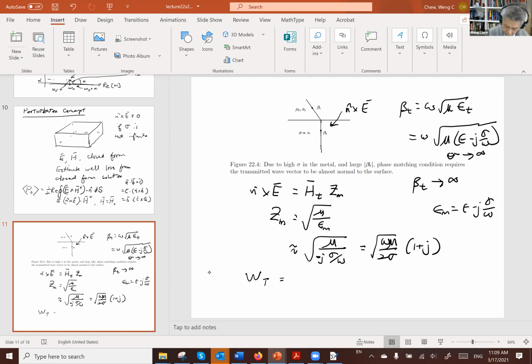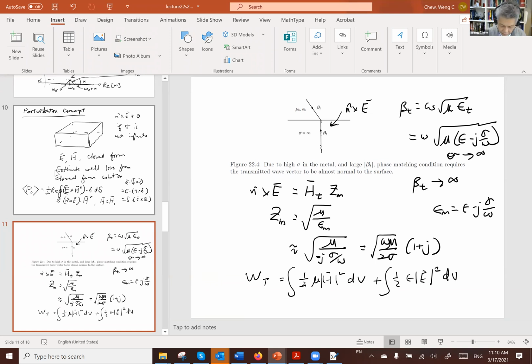It would be something like half mu H squared dV plus half epsilon E squared dV. And that will give you the energy stored in the cavity, and you can work this out by essentially plugging and chugging. And the details are worked out in the lecture notes. I wouldn't work it out.